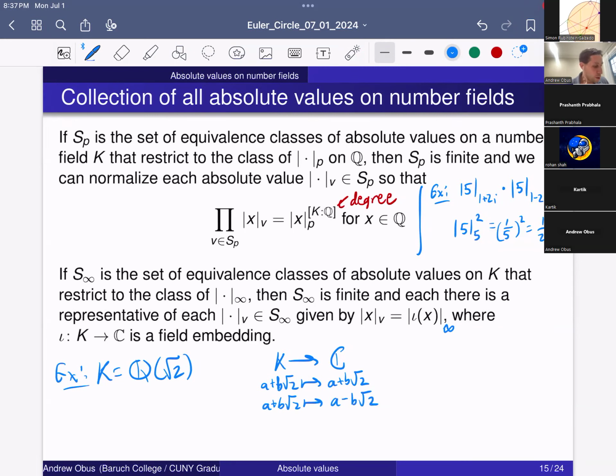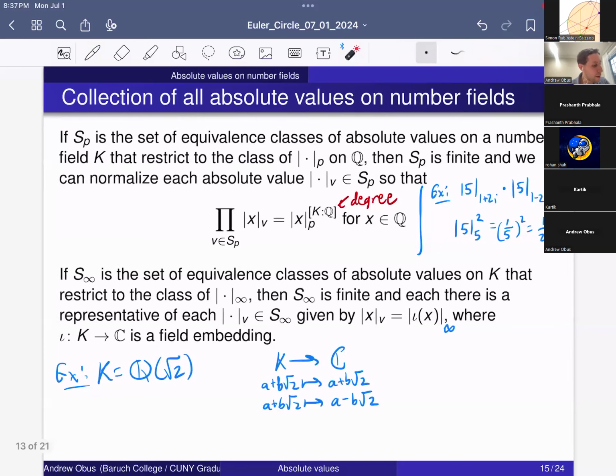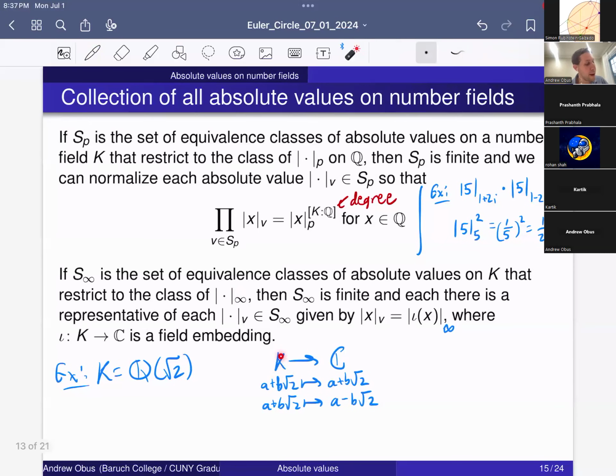So these are your two choices. And so it turns out that the two different absolute values on K that restrict to the standard one are just, for A plus B root 2, take the absolute value of A plus B root 2, or take the absolute value of A minus B root 2. Okay, so those are going to be your choices. And so these will automatically be normalized correctly.